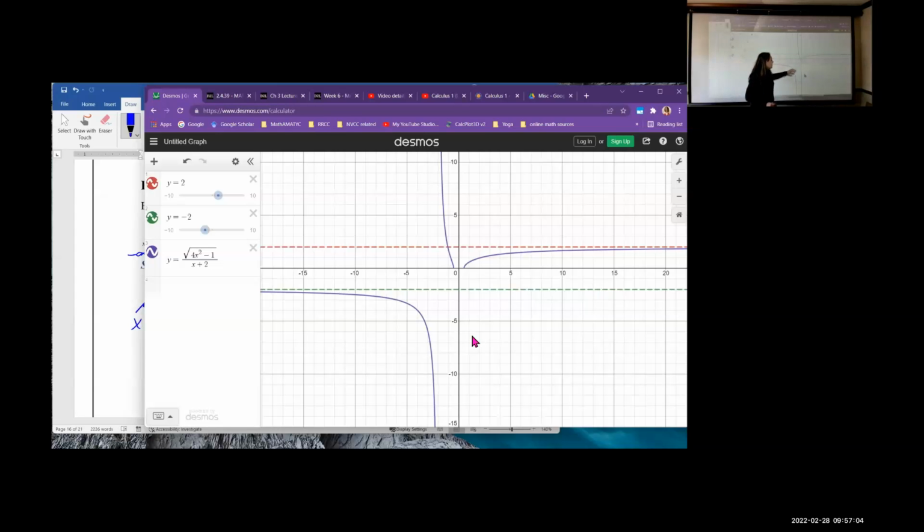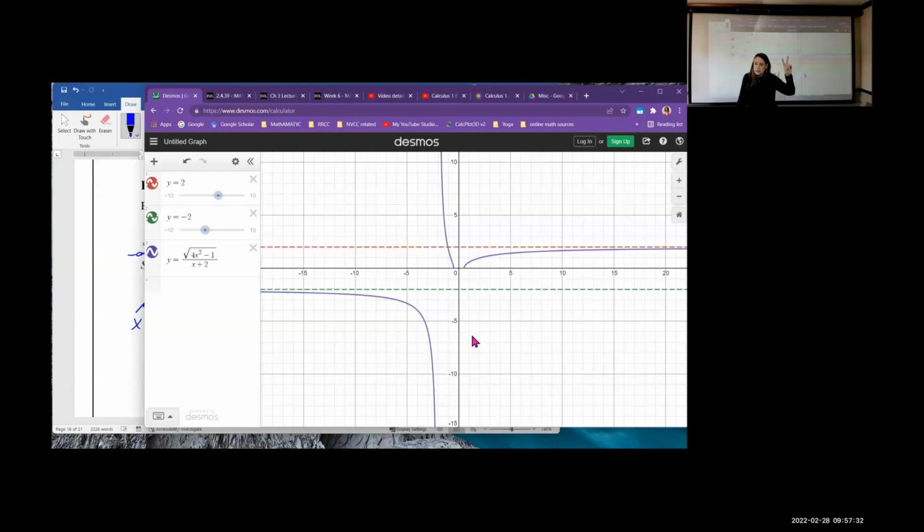So what we've got here is it doesn't exist between negative 1/2 and positive 1/2, because between negative 1/2 and positive 1/2, this turns out to be a negative number, which won't graph on a real graph. So it's just missing, all right? But then the rest of it, you can tell that it's approaching our asymptotes to the left and to the right. So we do want to kind of analyze these graphs and see what could be happening.